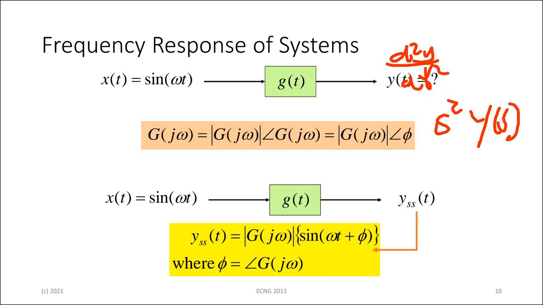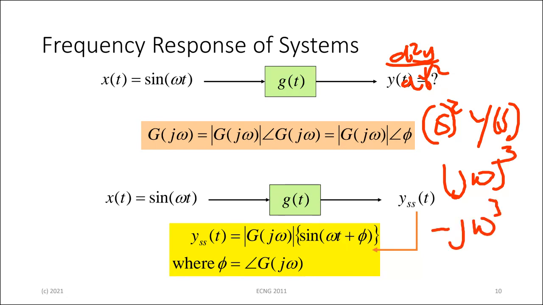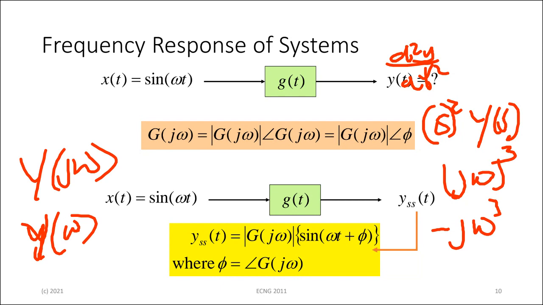The same thing with the Fourier transform, except that you keep that jω inside of the bracket. So if you have a third order system, for instance, it's going to be (jω)³, which is going to give you minus jω³ when you open up the brackets. So it's very important to keep that bracket around the jω, and remember that it's Y(jω) and not Y(ω). Okay, it's a good reminder.